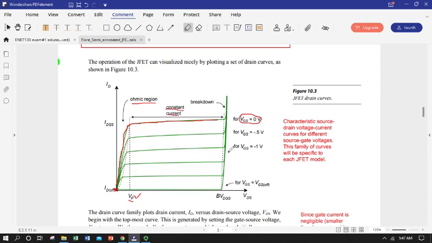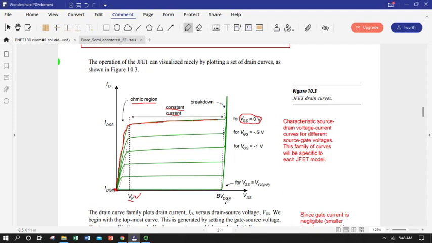So you've wondered about what type of devices actually can produce an ideal current source. And boy, this is looking pretty much like it. For a given range of applied voltages, I get a very consistent current. So this is a nice current source device.